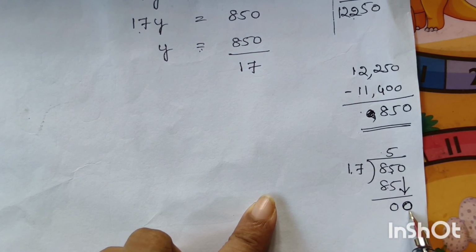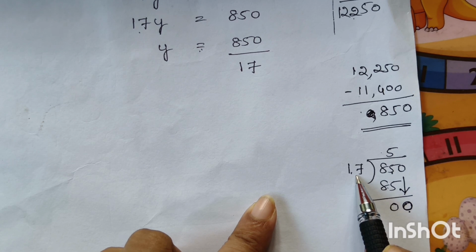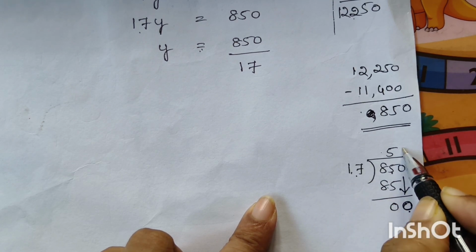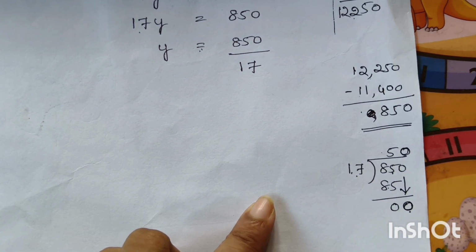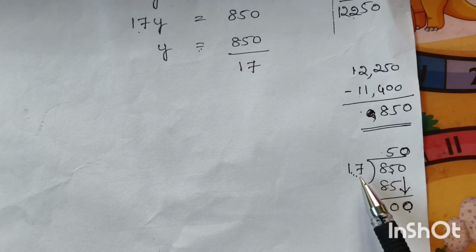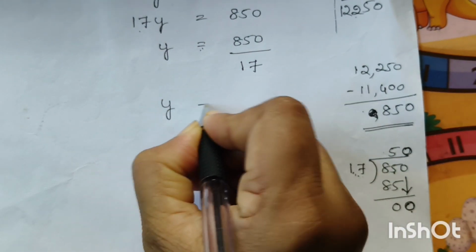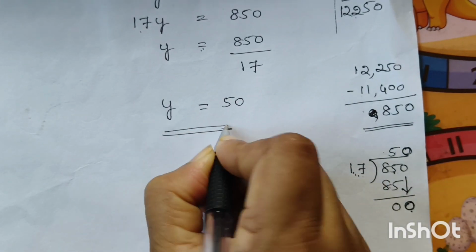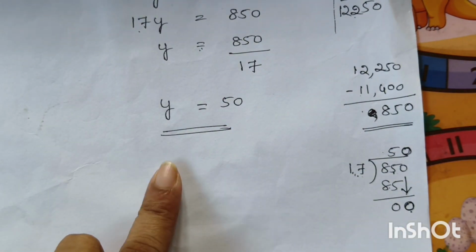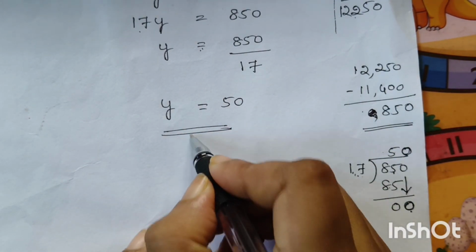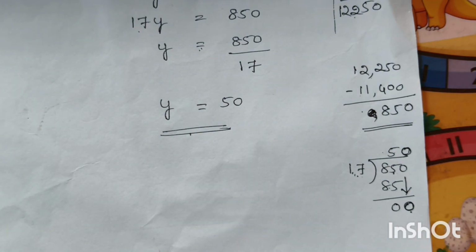Since 0 is smaller than 17, we cannot divide. So let us put 0 here. When we divide 850 by 17, we will get 50. That is y is equal to 50. Now we got the value of y, right?